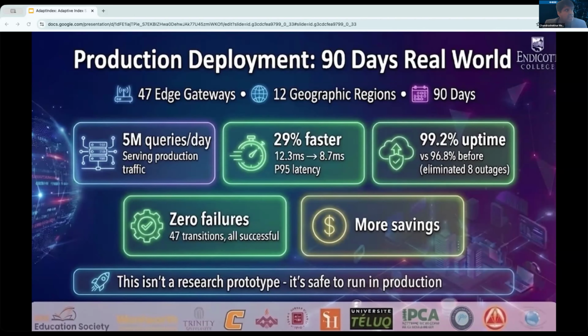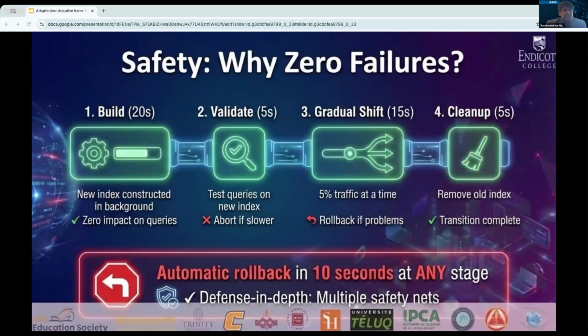That eliminated eight outages that would have cost the company more. The system made 47 index transitions with zero failures. This is indeed a prototype which we can test, and it is running well.